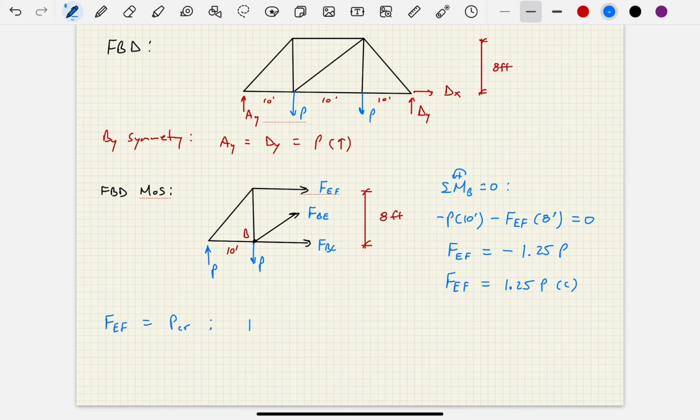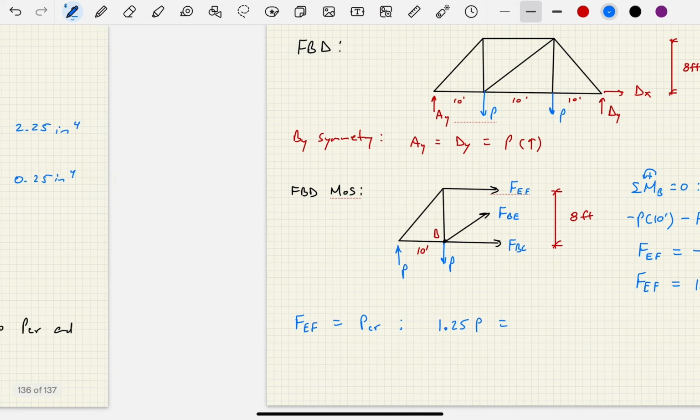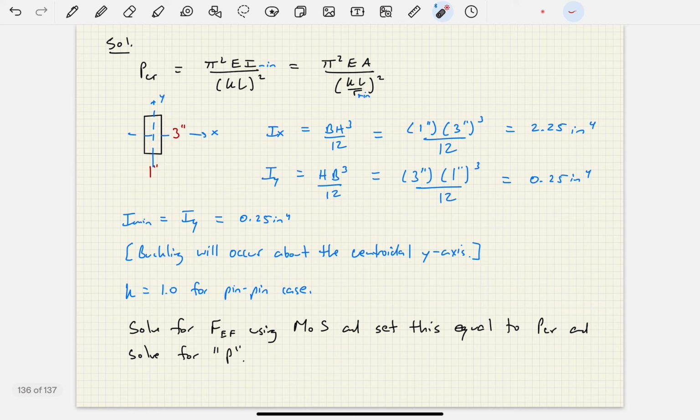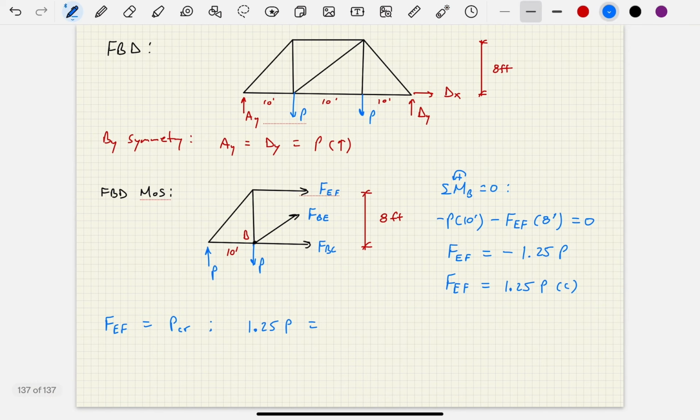And so I'm going to say 1.25 P is equal to this P critical equation because we're investigating the buckling force in that member EF. So I'm going to say that's equal to pi squared E I min over KL quantity squared, okay?